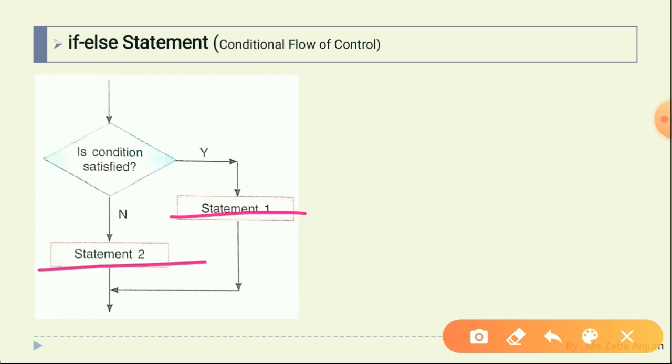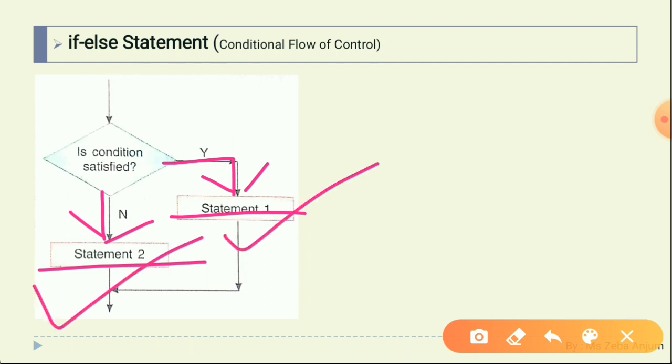If your condition is true, then statement 1 will get executed, and if your condition is false, then statement 2 will get executed. At a single time, either statement 1 or statement 2, any one of the statements will get executed.